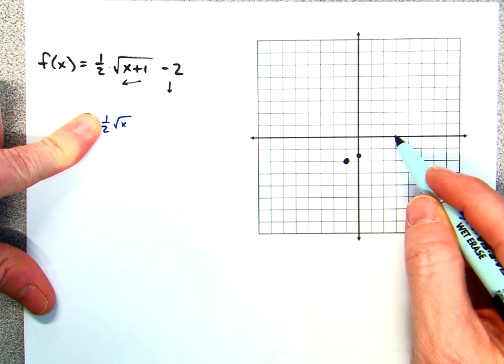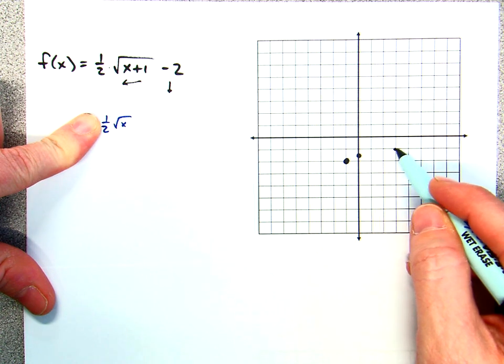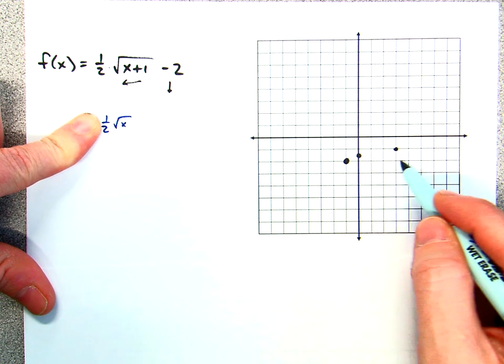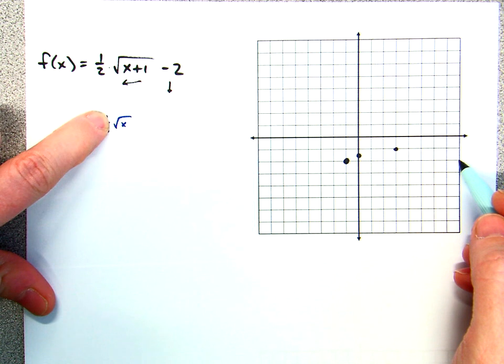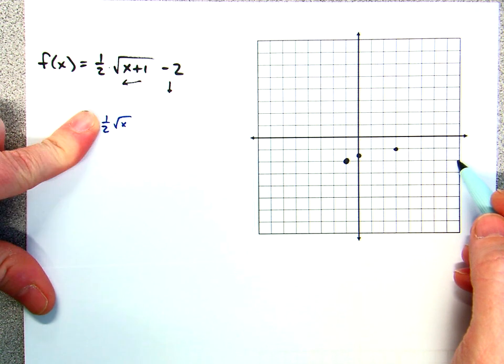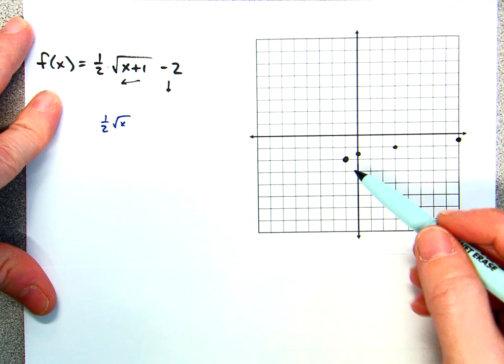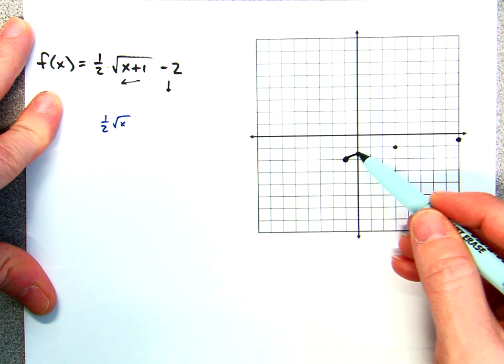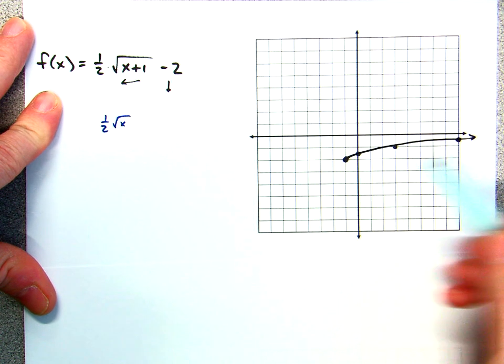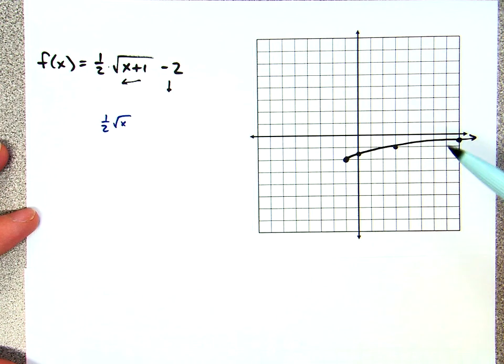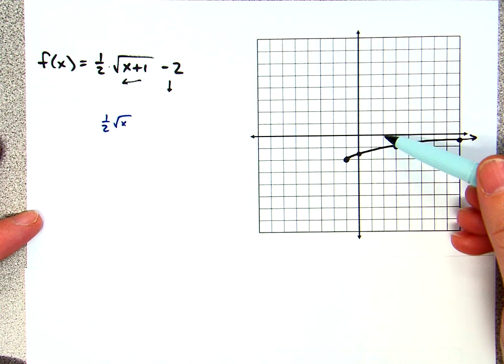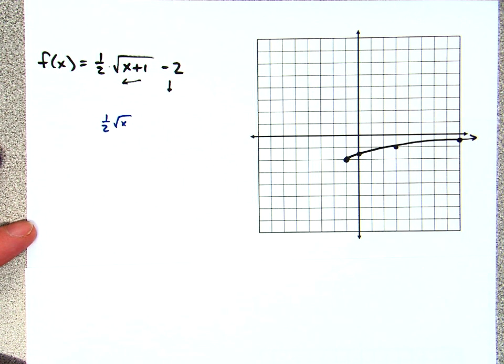So instead of going up 2, I'm going to go up half of that. Right? If I went out 9, the square root of 9 is 3, but half of 3 is 3/2, or 1 1/2. So we still have this upward trajectory, but it's not increasing as quickly because I'm halving that height there. Right?